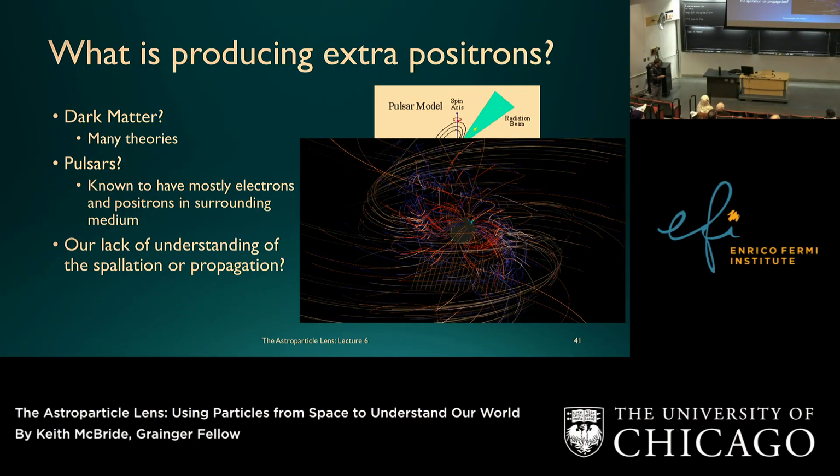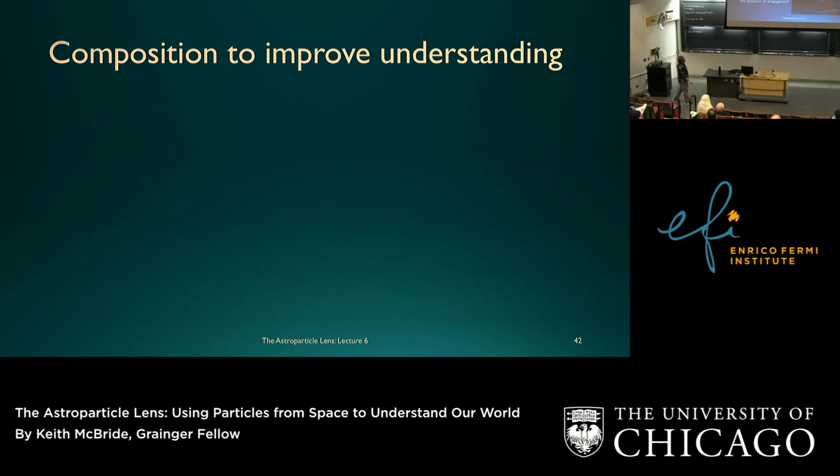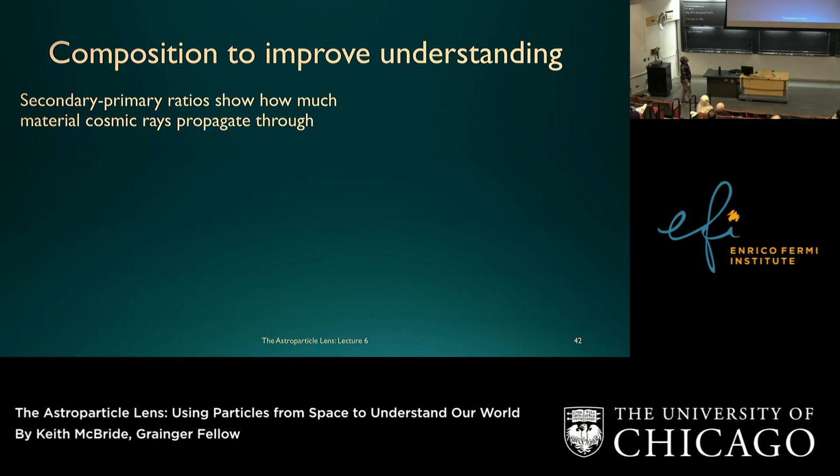But then there's also the third thing, which is, well, maybe we have some lack of understanding or something we've missed about those cosmic ray spallation and propagation in the Milky Way. And so the one thing you can do when you want to think more deeply is go measure something new about that spallation, that propagation of cosmic rays.